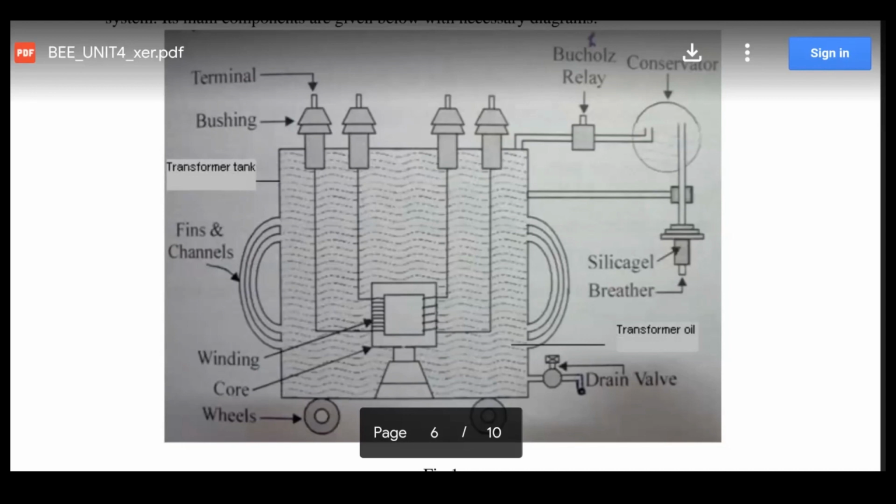Okay, so at the top of them, these bushings are the terminals through which the wires are inserted.